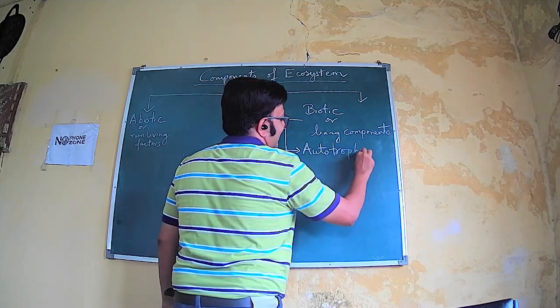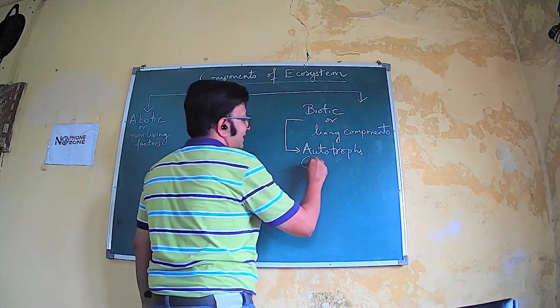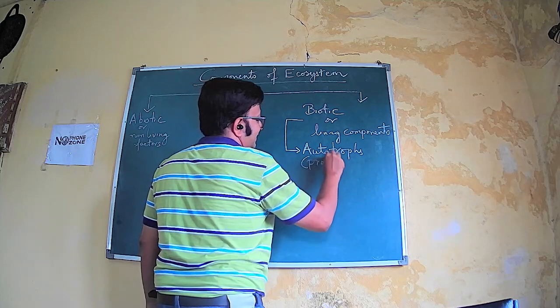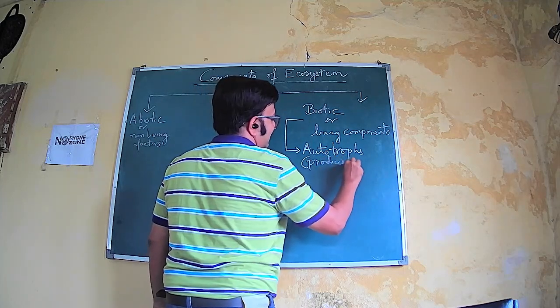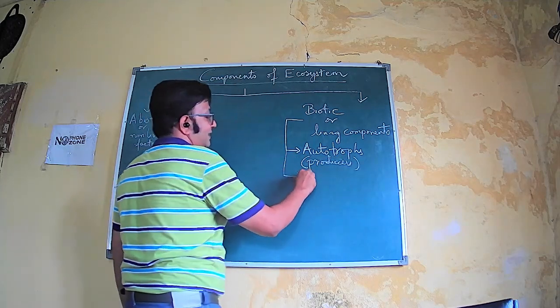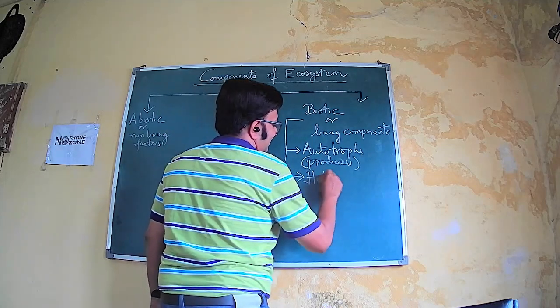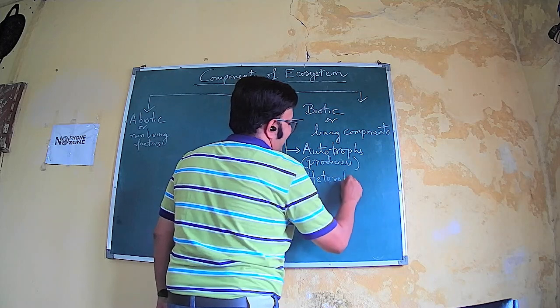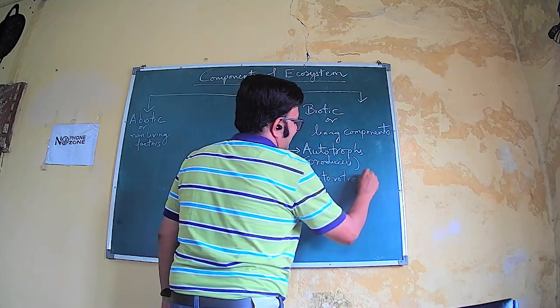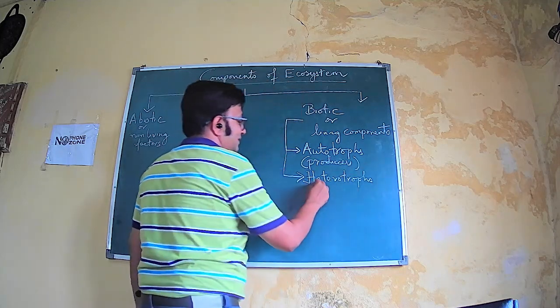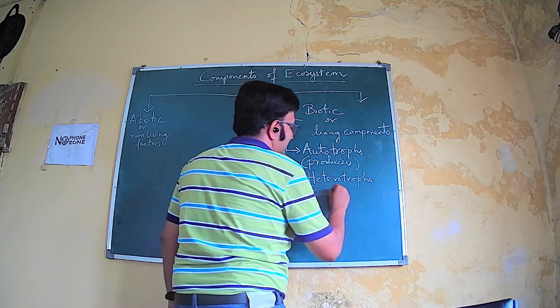autotrophs. They are the producers. Then you have the heterotrophs or consumers.